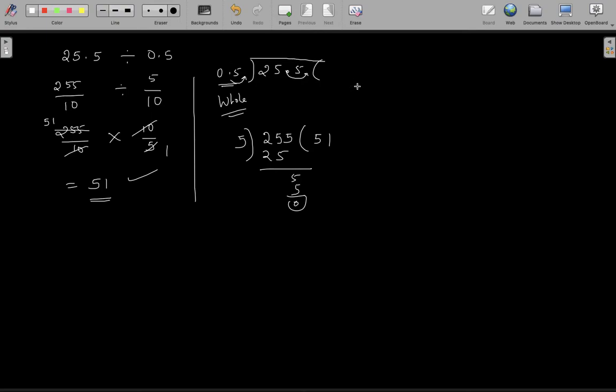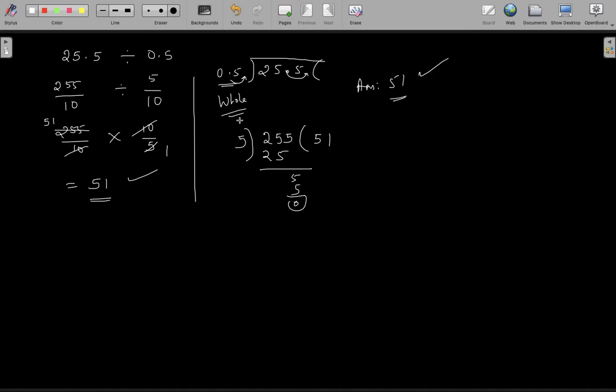So that's how you can say the answer in this case is 51, which is the same in both the cases. So what we have seen here is we have shifted the decimal point one position to the right, both in divisor and dividend, so that I can make the divisor a whole number.